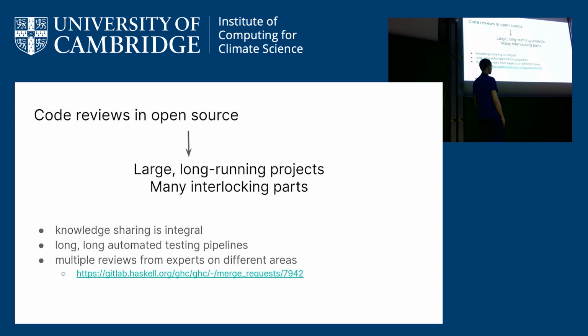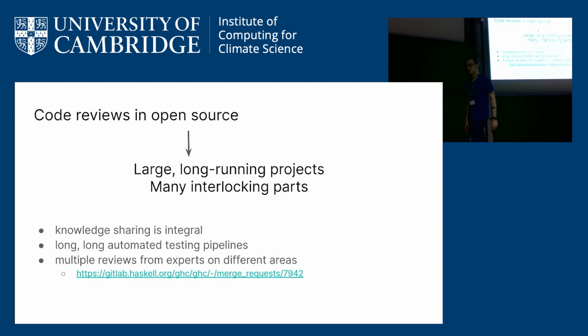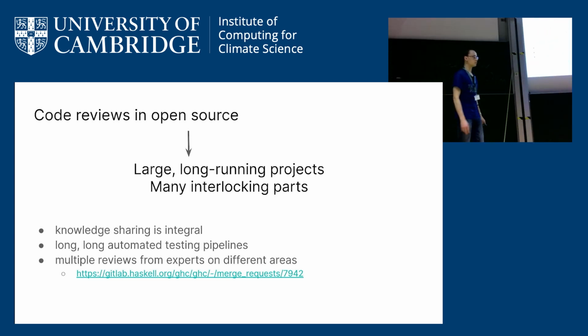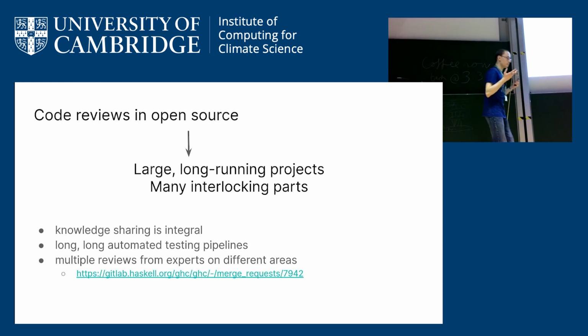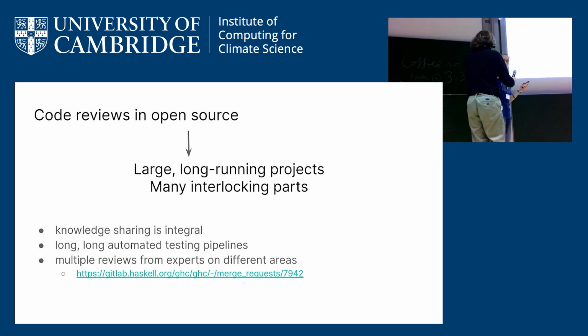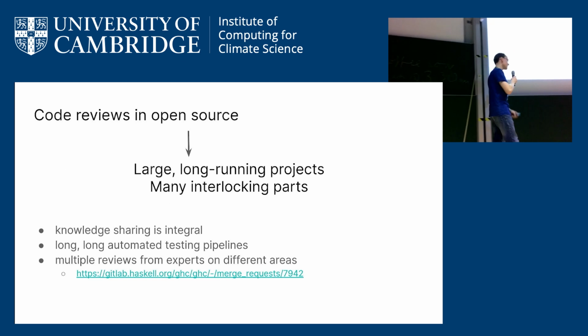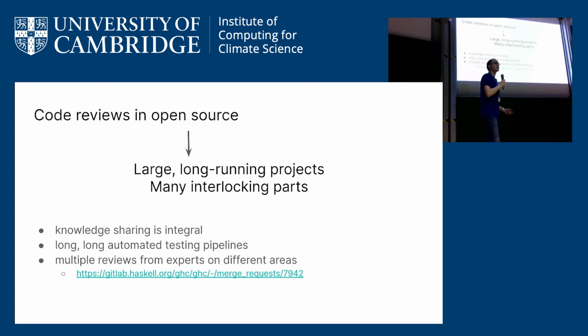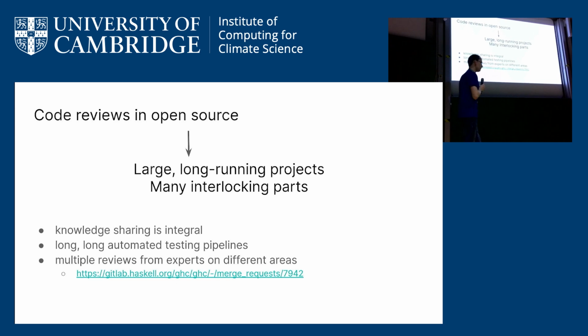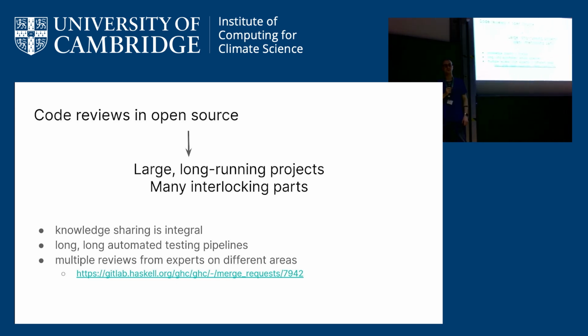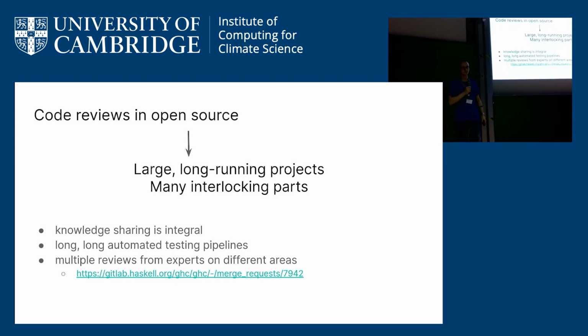You may have experts on different areas of the project chime in on different parts, and it's all in the spirit of better collaboration and better maintenance for your software in the long term.